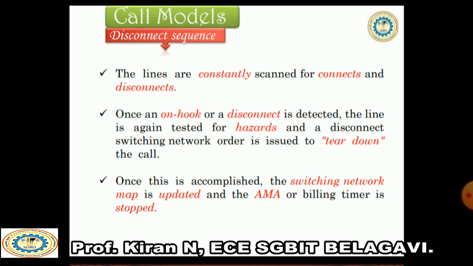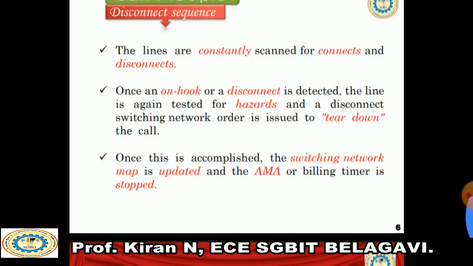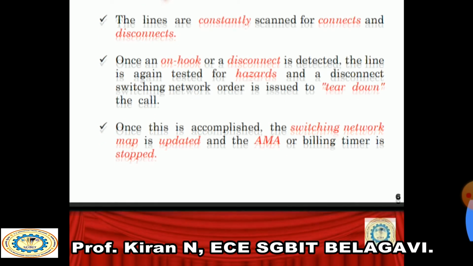In such conditions, these test signals will try to tear down the call. But if subscriber B is speaking with someone else, whatever the situation, subscriber A will be sending continuous signals. Once he receives the off-hook signal, the call will get connected.